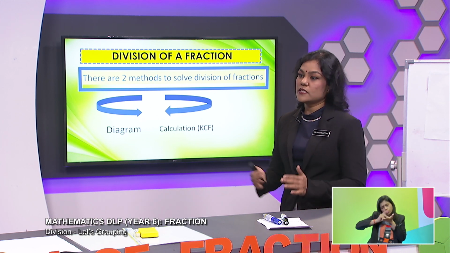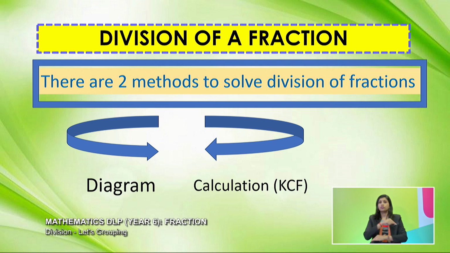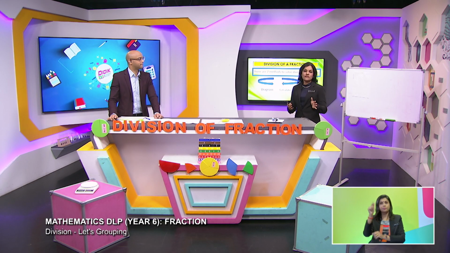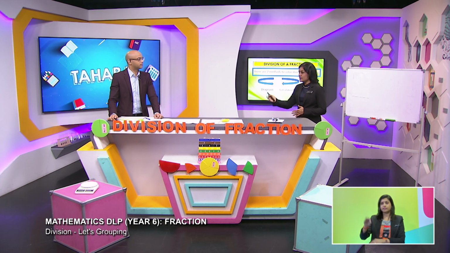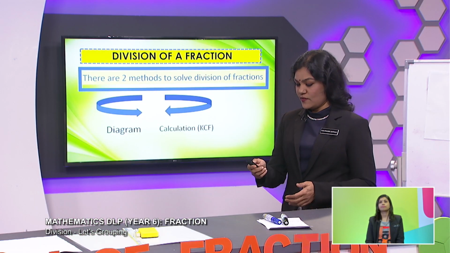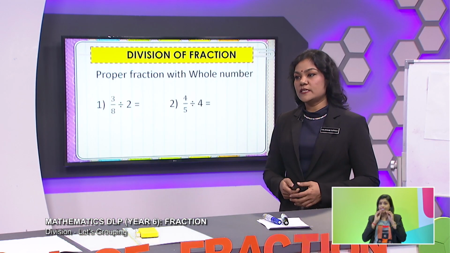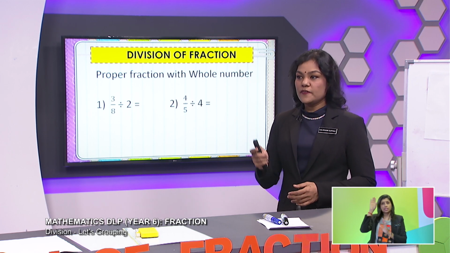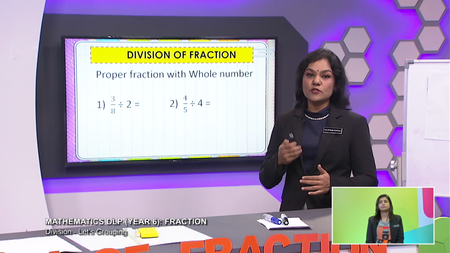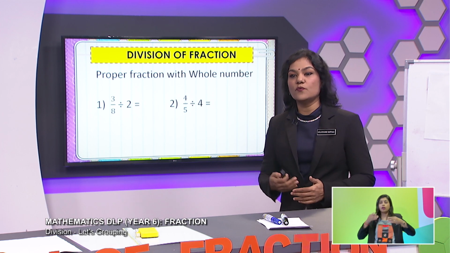But here I focus on KCF. Is it KCF or KFC? Sounds like a food to me. When you remember KFC, of course you will remember KCF. We will explore later what KCF is. Now, we will focus on the diagram. So, proper fraction with whole number. How do we divide a proper fraction by a whole number?